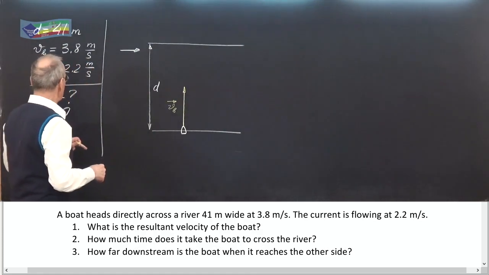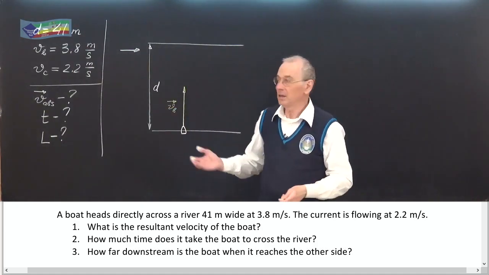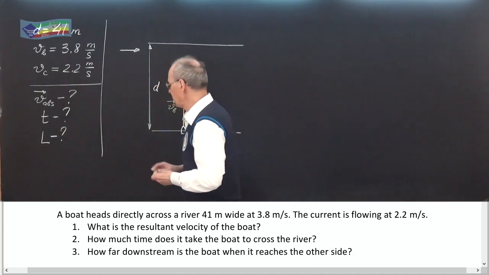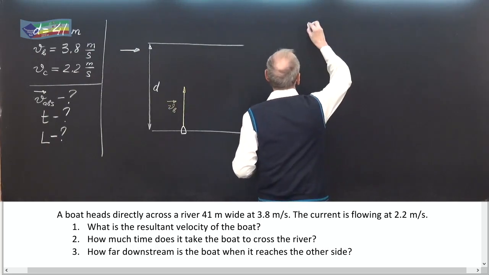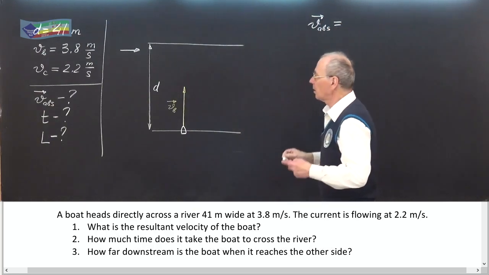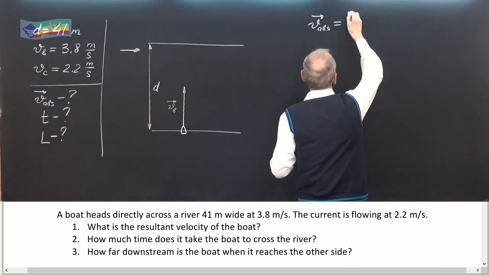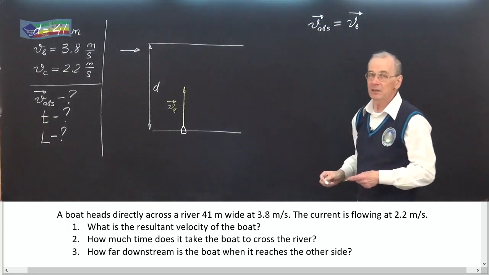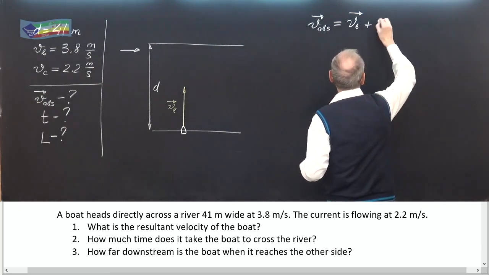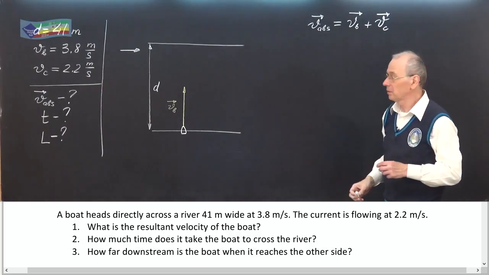At the same time, the current drifts this boat downstream at a speed VC. So absolute velocity Vabs is the vector sum of two velocities: velocity of the boat relative to the stream plus velocity of the stream, of the current, relative to the Earth.